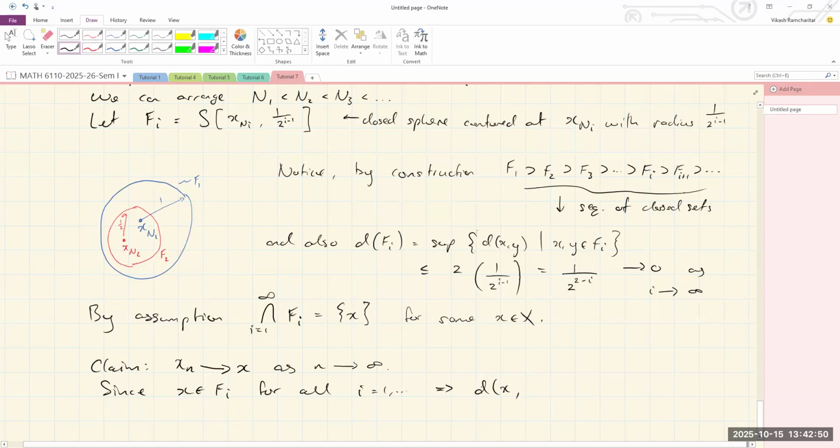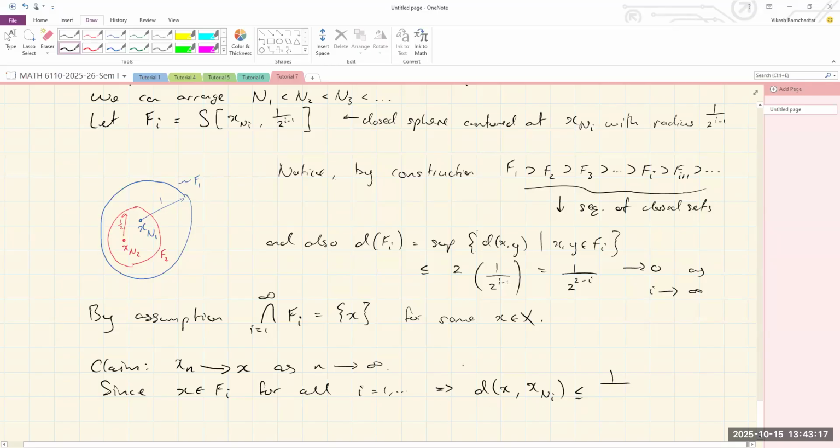What does it mean to be in a closed sphere?